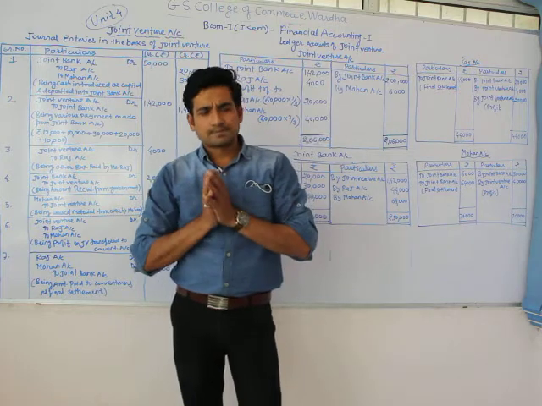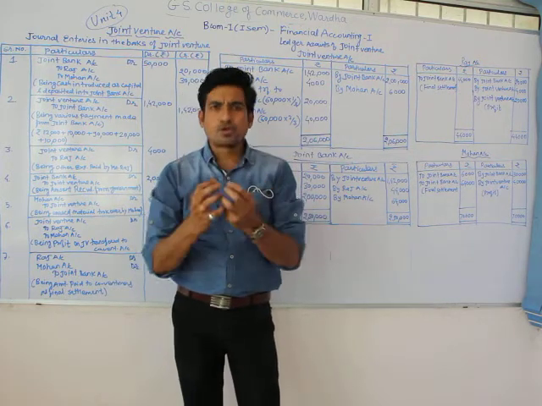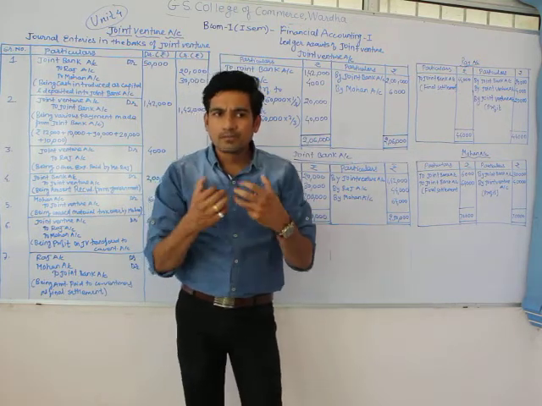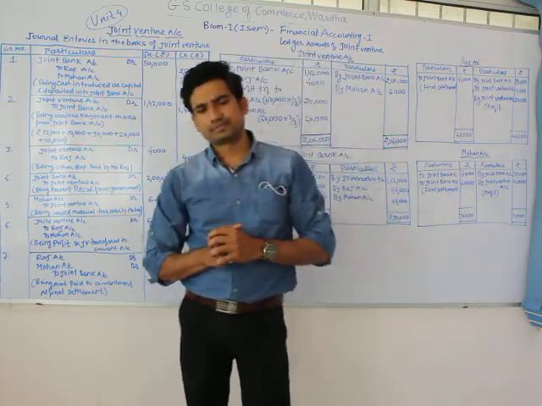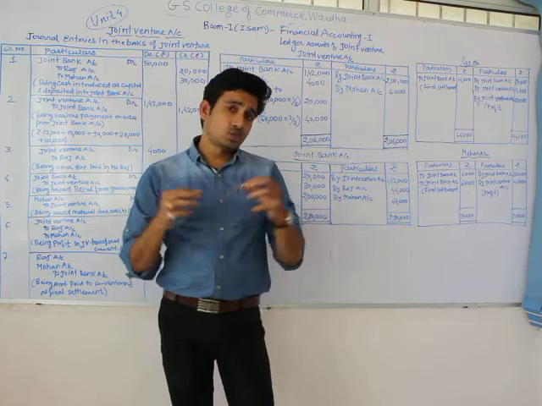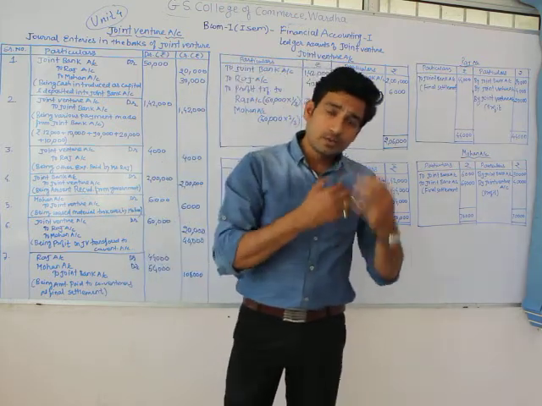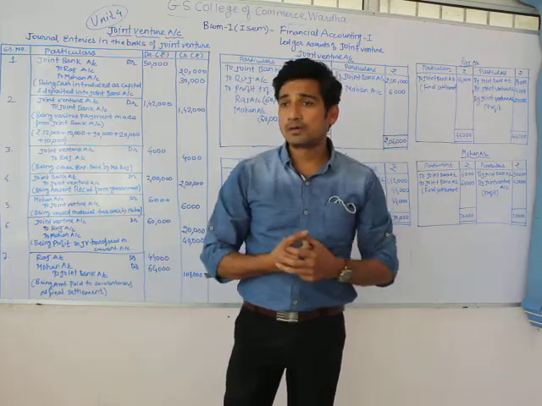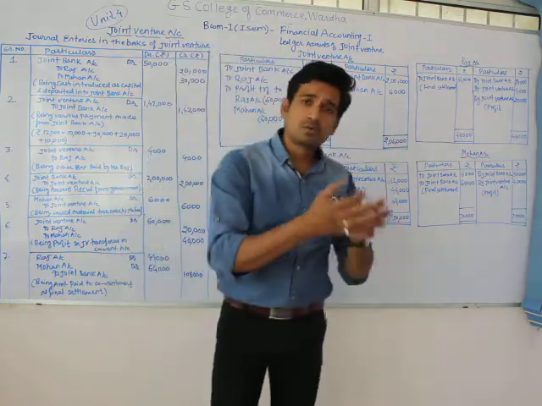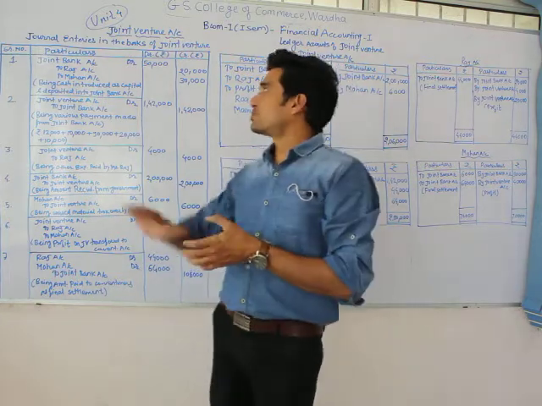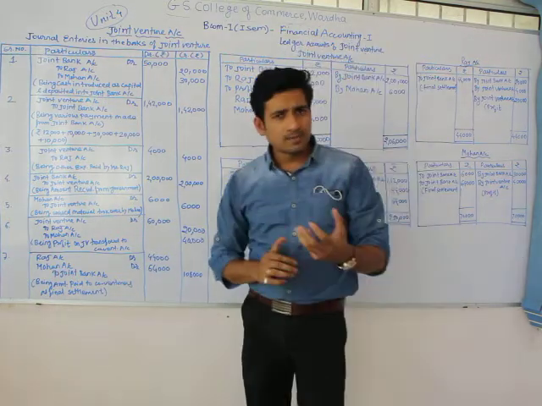When they come together, they form a joint venture because they are working together in some type of business or trading activity. When these two people do some business, there is a need of recording the transactions and preparing the account books, and that is where the joint venture account has a role. There are two types of it.